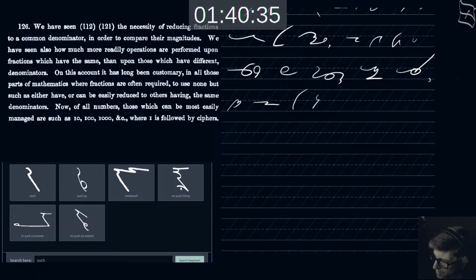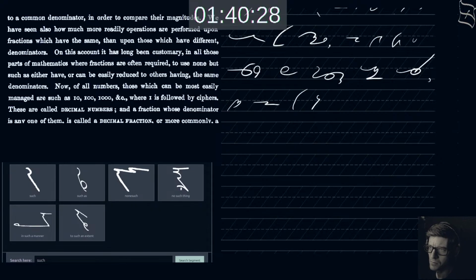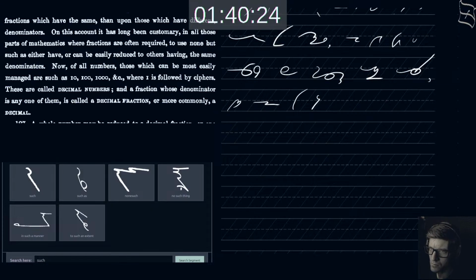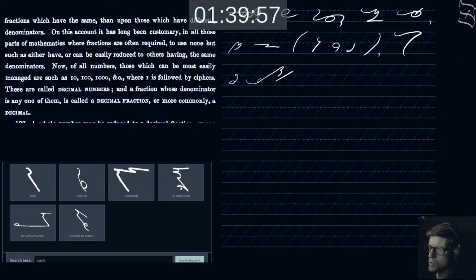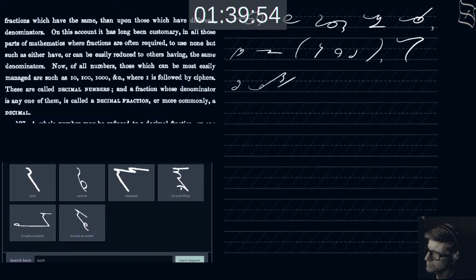Make the CH a little longer. As either have or can be easily reduced to others having the same denominators.